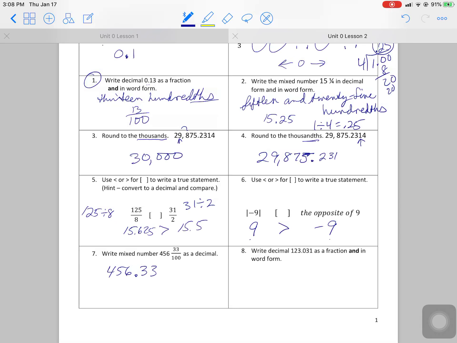Write this decimal as a fraction. That should say probably mixed number. That should say mixed number.